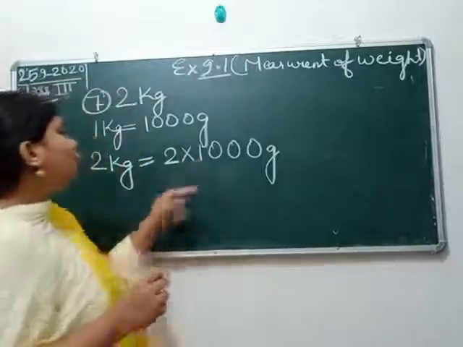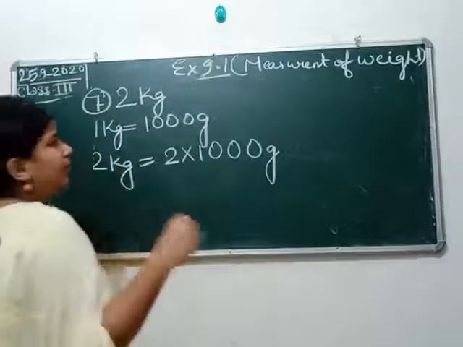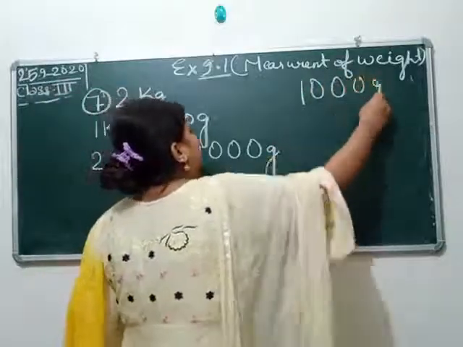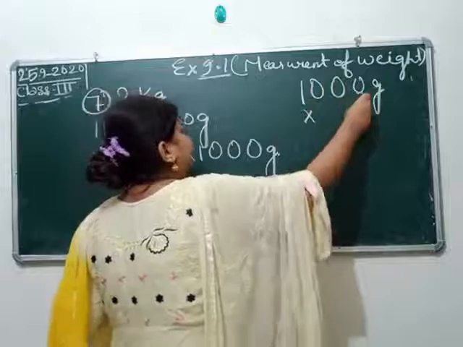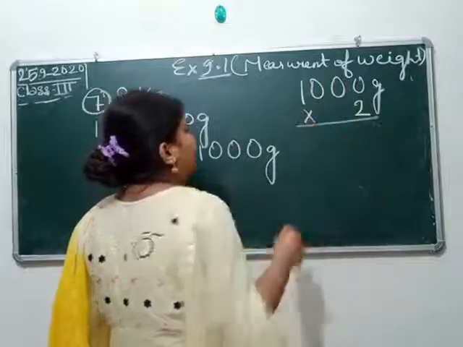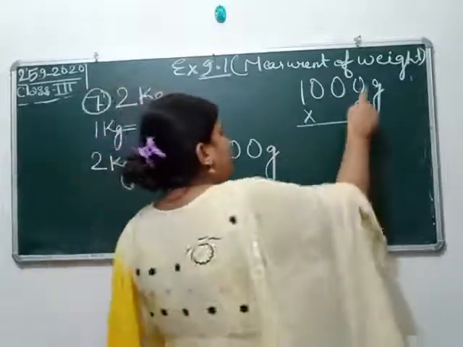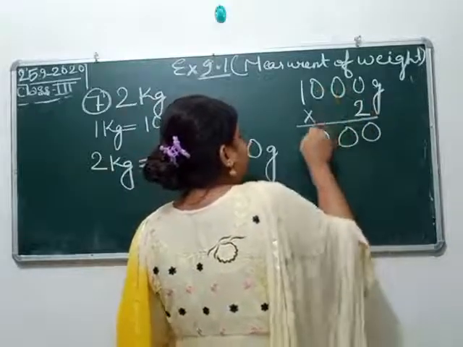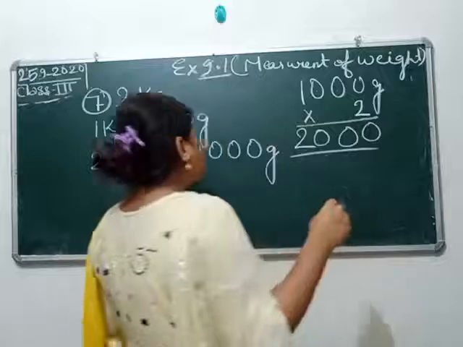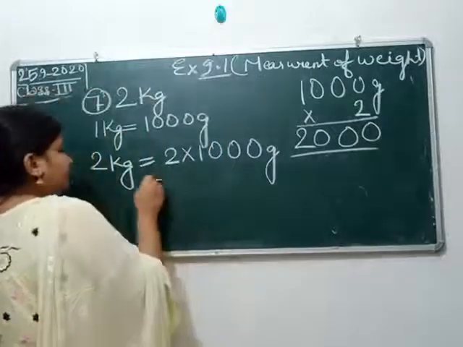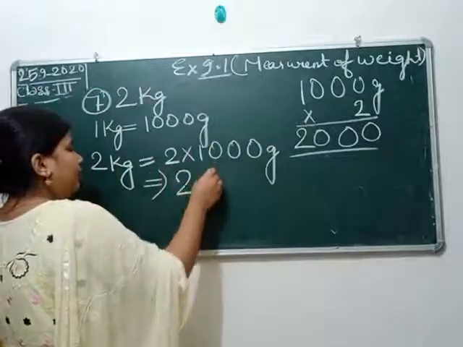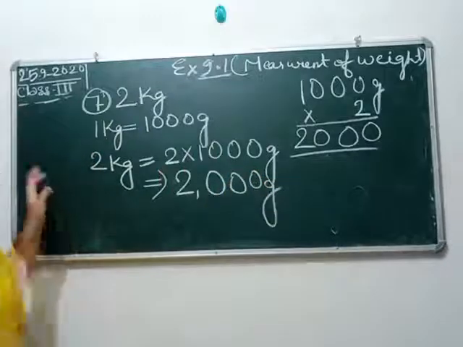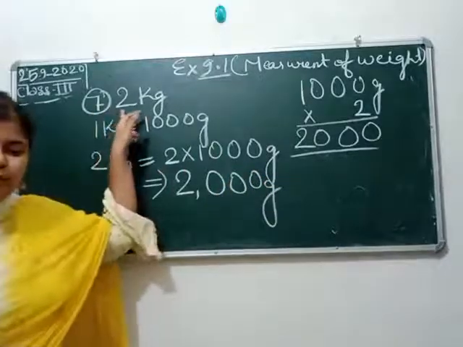Now 2 into 1000 gram. 1000 gram multiplied by 2. So if you multiply 2 with 1000, we get three zeros and 2. So our answer is 2000 gram. Okay.